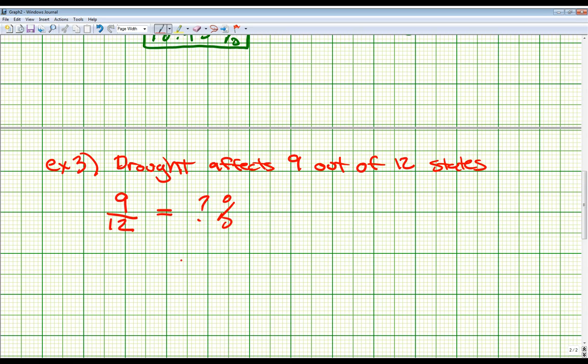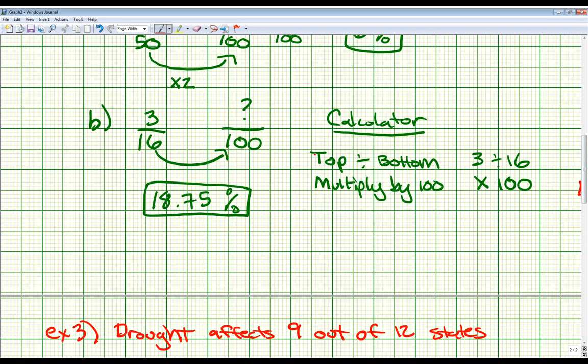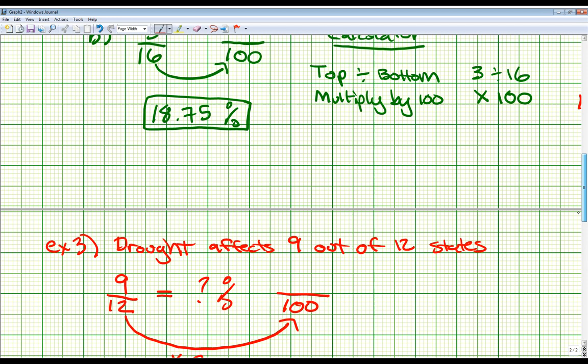So what would that look like as a percent? Well, we know that the bottom has to be 100. So let's think about this. We want to get 12 to 100. What would we multiply 12 by to get 100? There's not really anything super easy to multiply 12 by to get to 100, so we're going to follow the same steps that we followed up here in this example using our calculator.